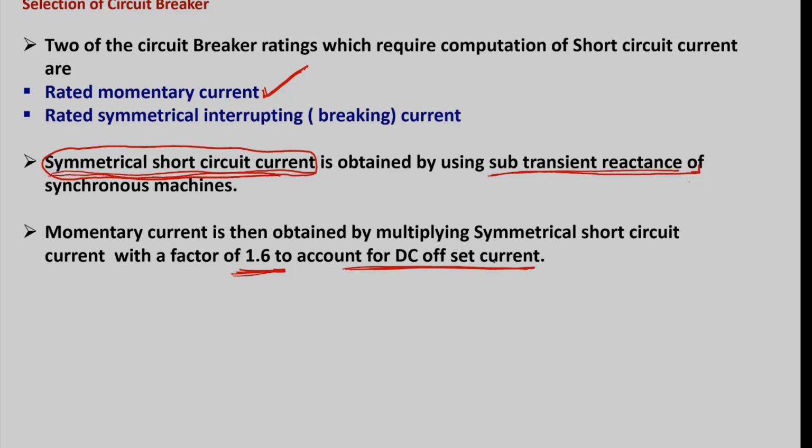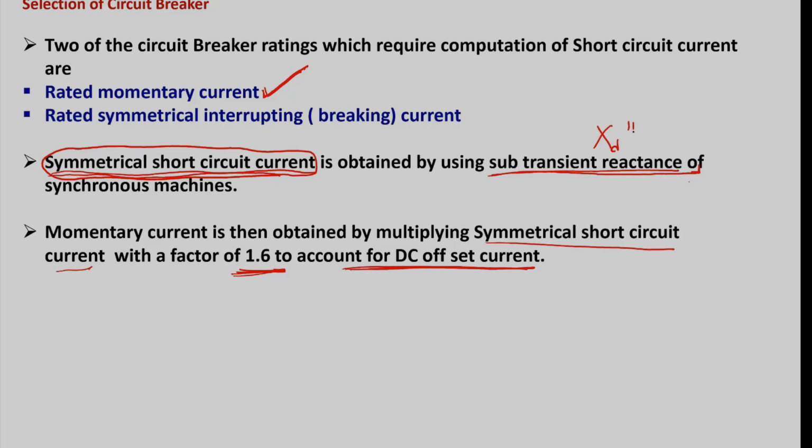Simply calculate the symmetrical short circuit current and multiply with 1.6, and you will get the momentary current. And while calculating symmetrical short circuit current, you have to take the X double dash subtransient reactance of the synchronous machine. Only two points.